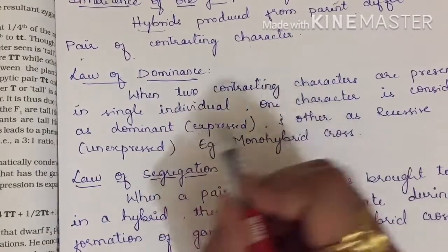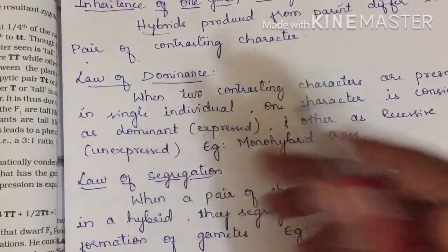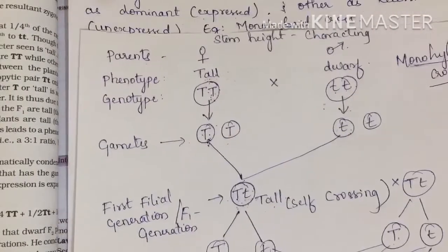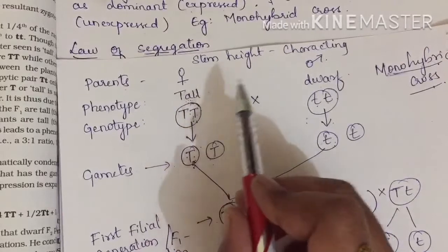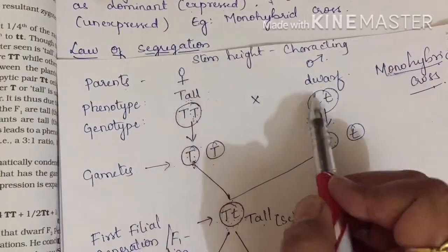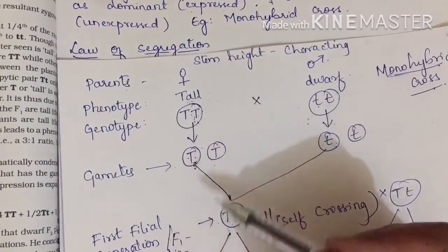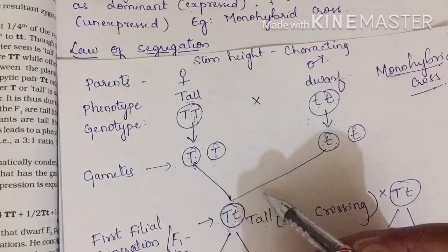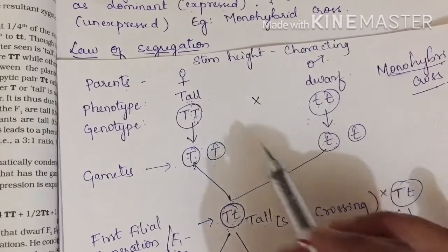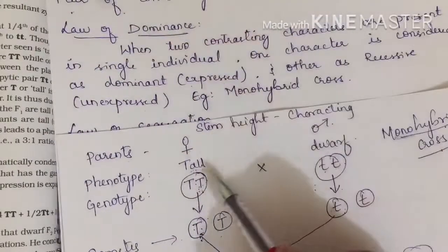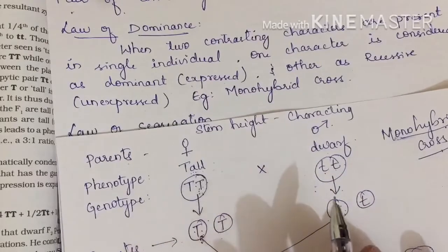One is expressed, and the other is unexpressed, as we found here. We chose two contrasting characters, and in that one was dominant, which was expressed, and the other was recessive, which was unexpressed. To explain that, this is the law of dominance: the dominant will express and the recessive won't express.